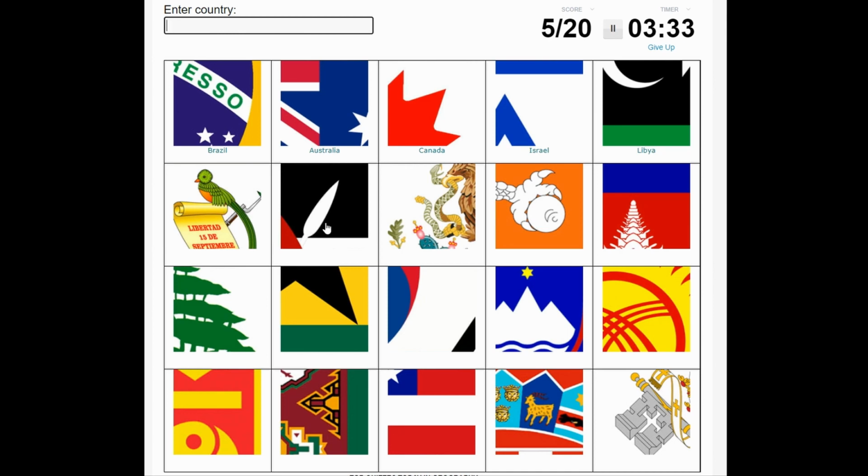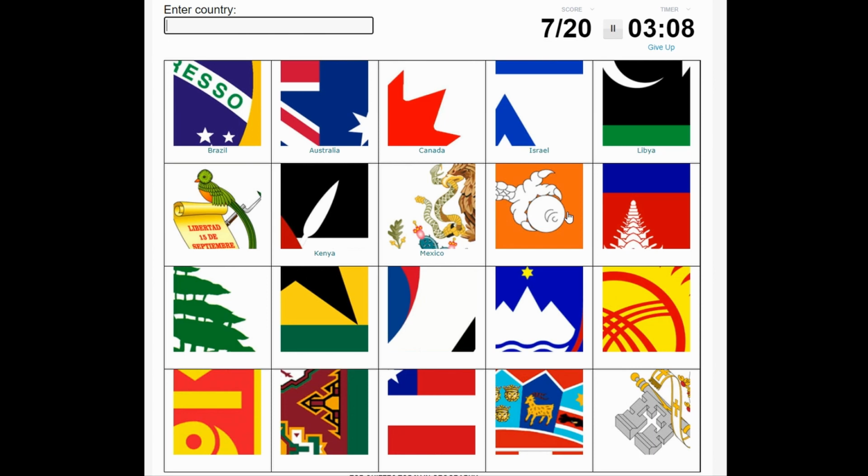This one we have a spear, which is quite clearly Kenya, and then here we have an eagle eating a snake on top of a cactus, and that is in the centerpiece of the Mexican flag. Here we have another sort of bird of prey foot, gripping onto this ball, and it's a very good one.